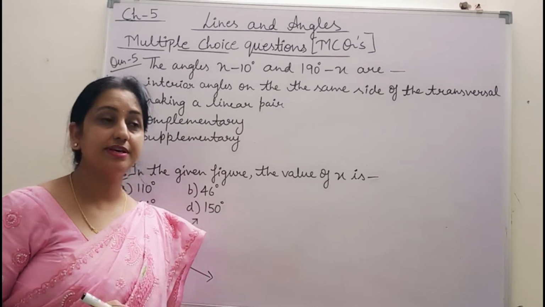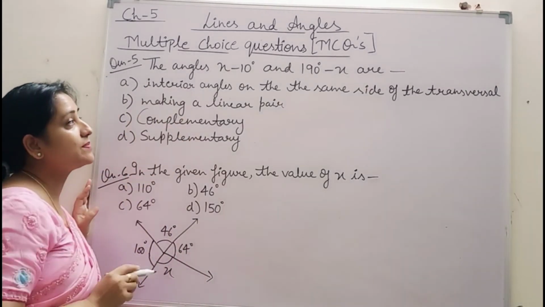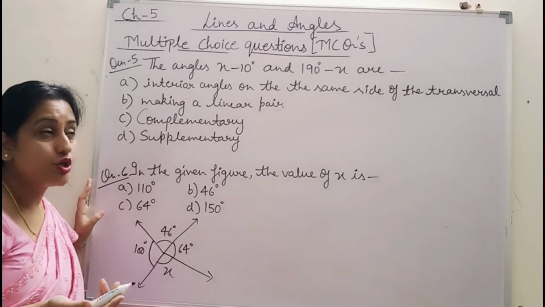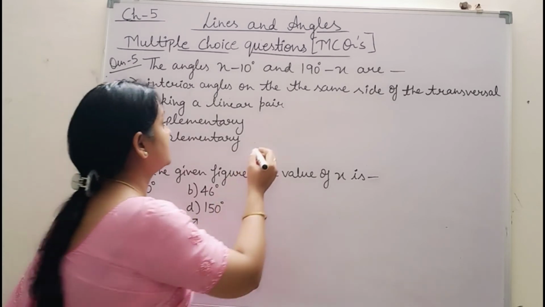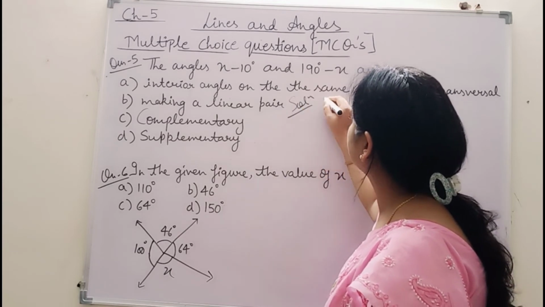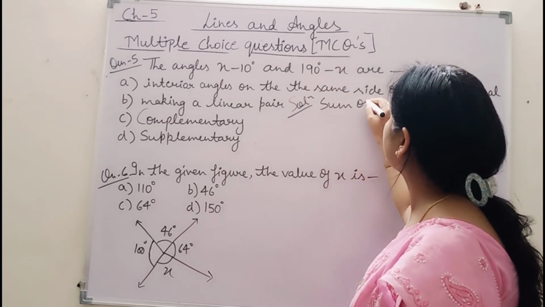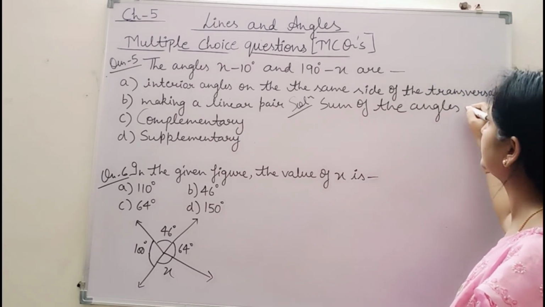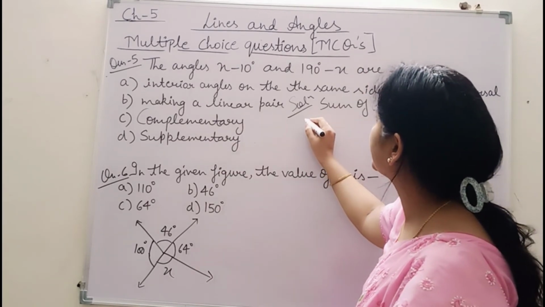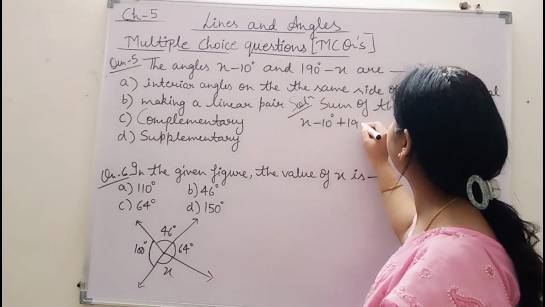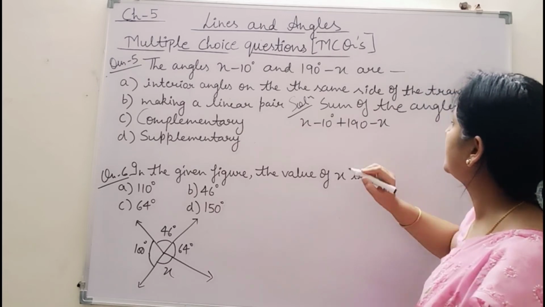Now the next question is: the angles x minus 10 degree and 190 minus x degree are. So for the sum of the angles, we have to add them. x minus 10 degree plus 190 minus x.